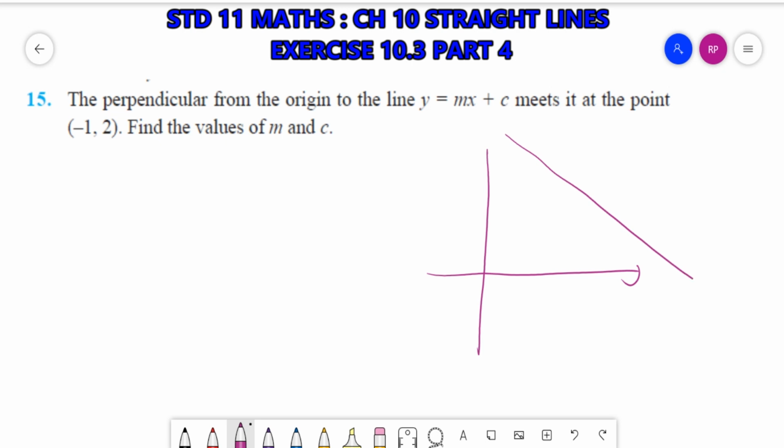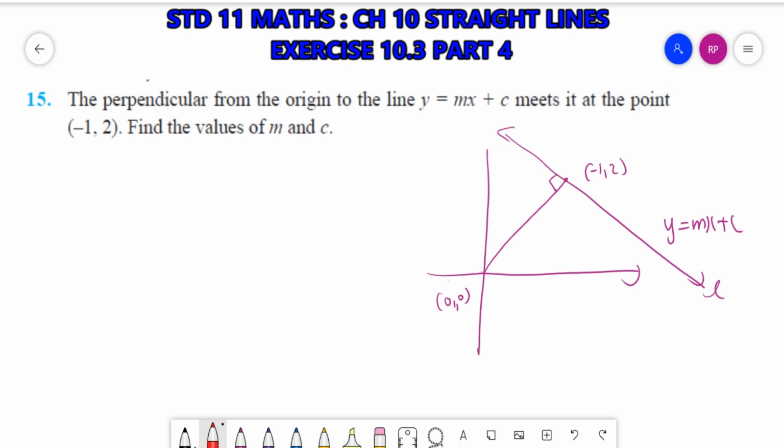Okay, let's take this as line L. The perpendicular from origin to this line meets it at point P, minus 1, 2. This line is y equal to mx plus c. So now you have to find out the value of m and c.